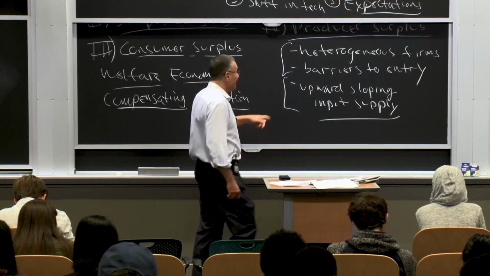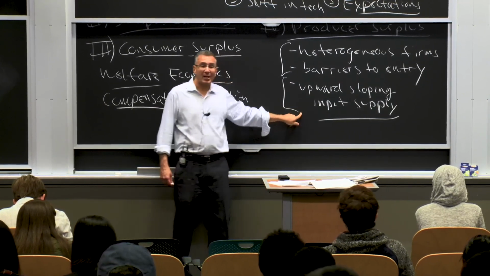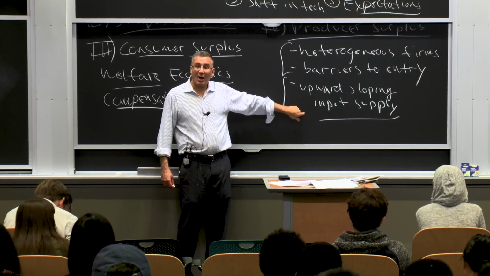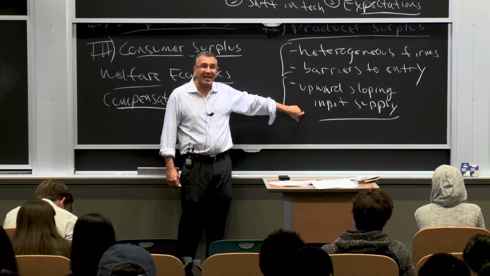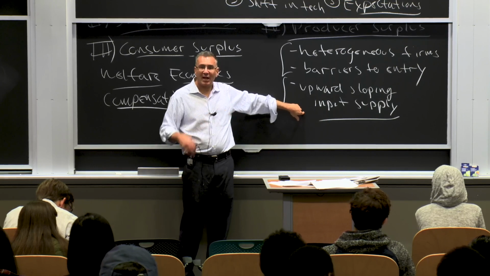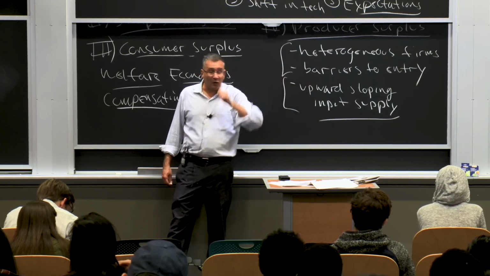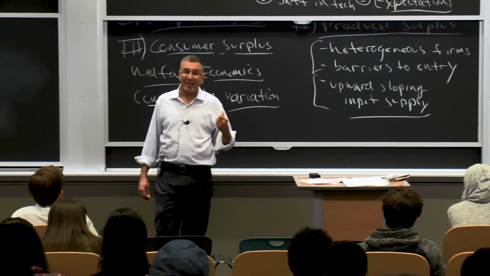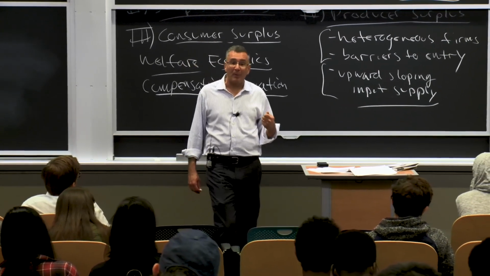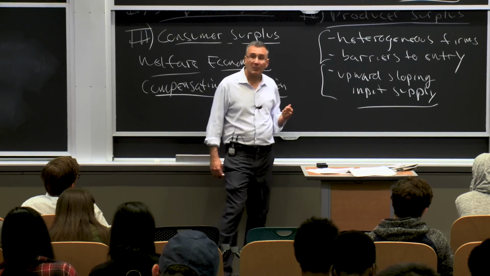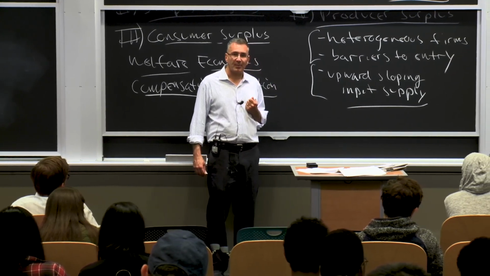Okay? In this case, the firm doesn't necessarily make money. What it does here is it takes that extra money and pays it out to workers. Okay? So an upward sloping supply curve doesn't necessarily mean the firm makes profit. It could just be upward sloping because their input costs are rising. Okay? So that's an important distinction to keep in mind.